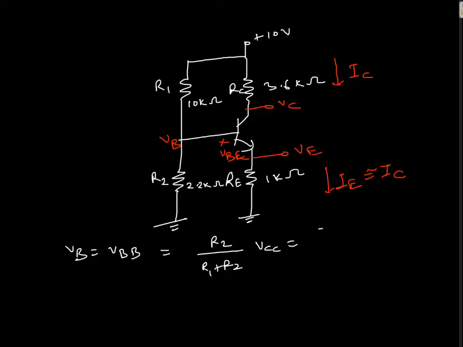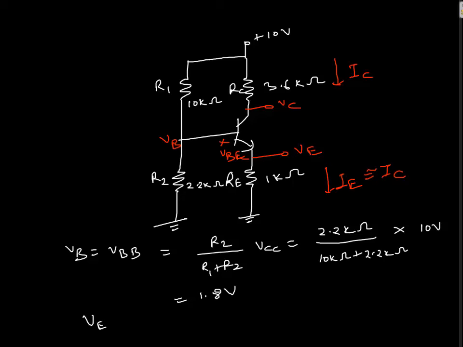So R2 is 2.2 kilo ohm divided by R1 which is 10 kilo ohm plus R2 which is 2.2 kilo ohm, and VCC is 10 volt. If you solve this, you will get the value of 1.8 volt. So this is the value of VB, which is 1.8 volt. Now what is VE?